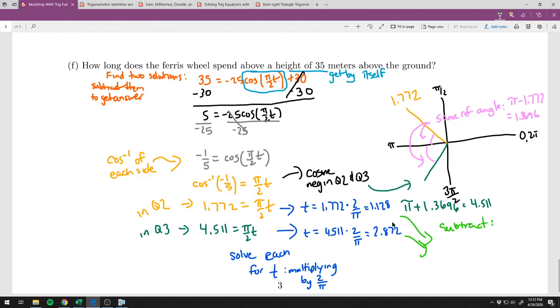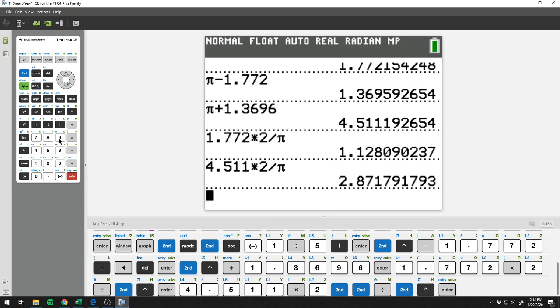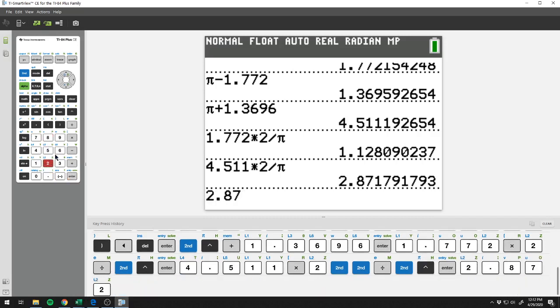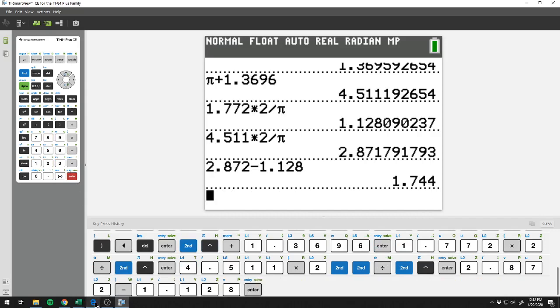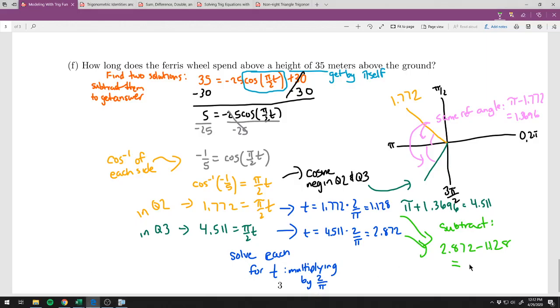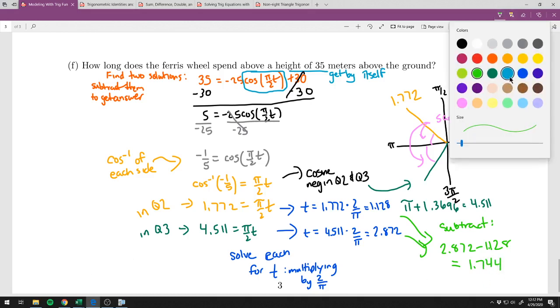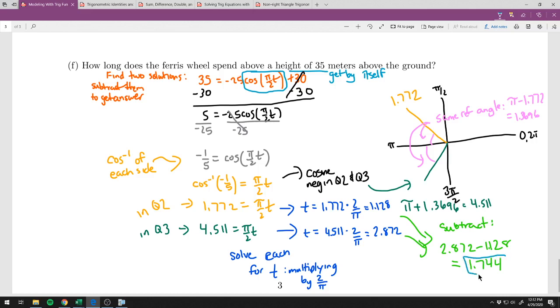And you definitely do the bigger one minus the smaller one, so your answer is positive. 2.872 minus 1.128. And we get 1.744. Right, so that is our final answer.